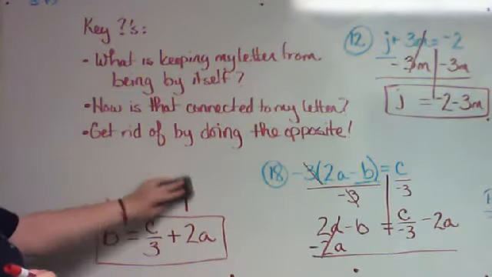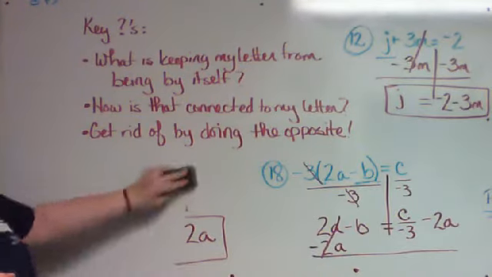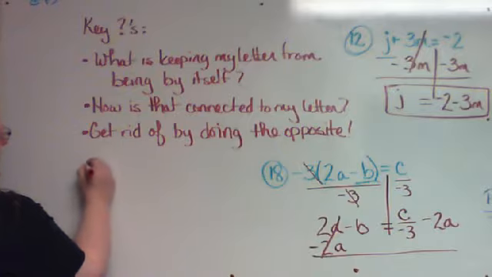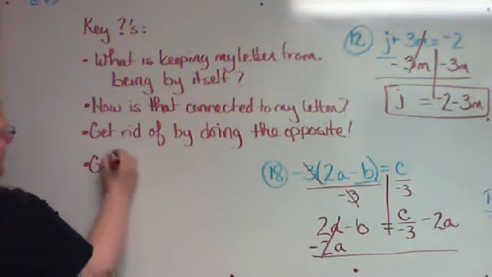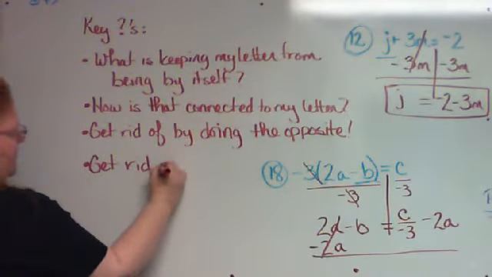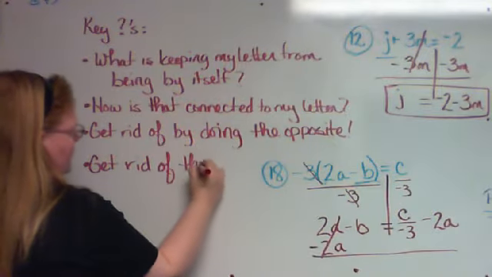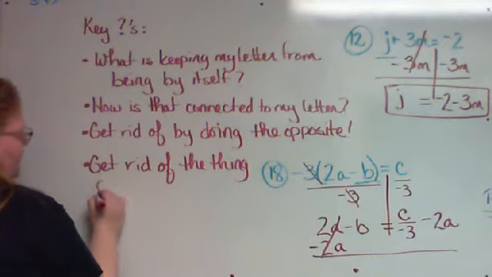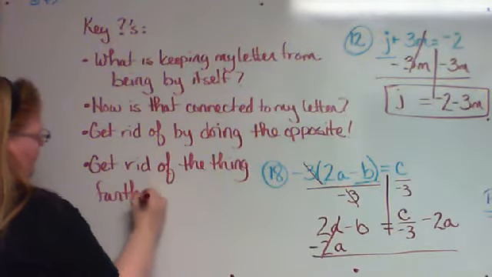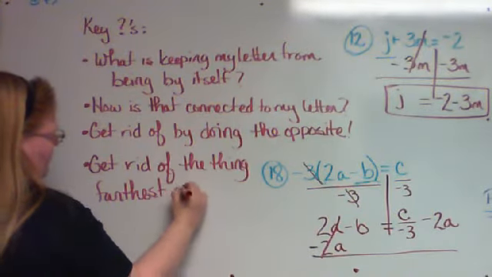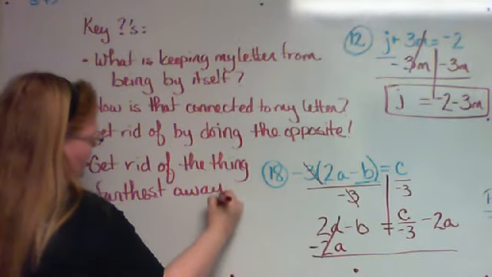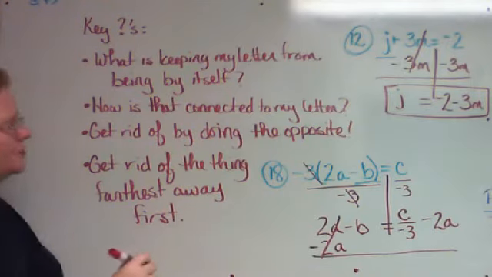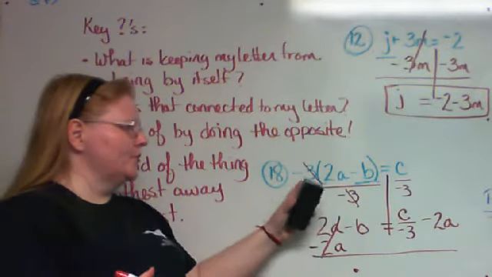And then the last thing you need to keep in mind to help you out is to get rid of the thing furthest away first. Just like over here, we got rid of the 3 first.